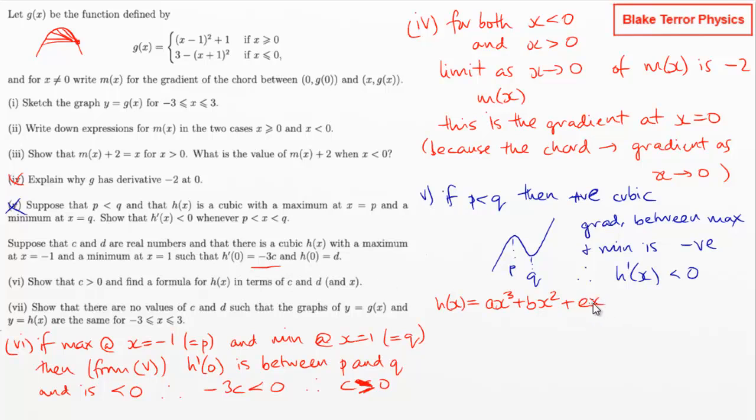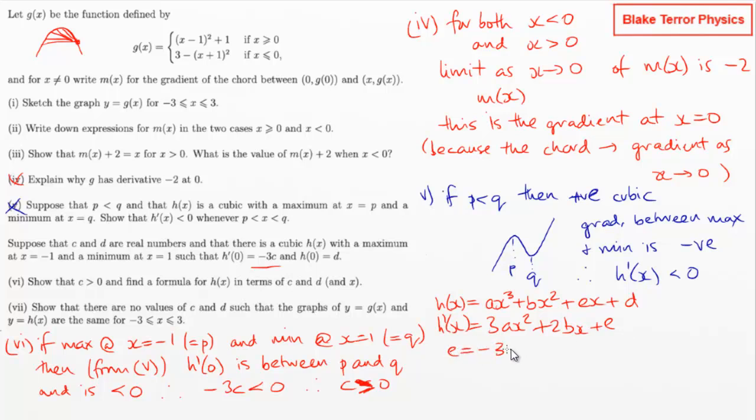Okay, a little bit out of order, but ex plus d, and that d is d because h of 0 is equal to d. So we've got that, so that's okay. So h dash of x is going to be 3ax squared plus 2bx plus e, which means that e then is going to be minus 3c.